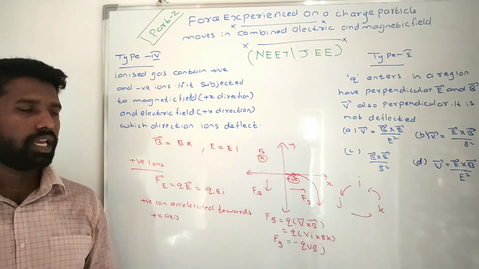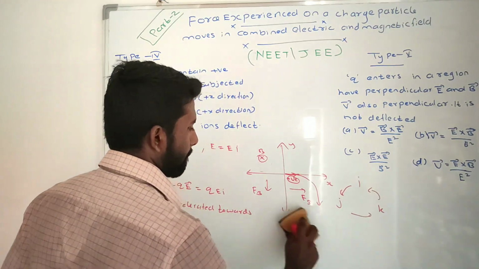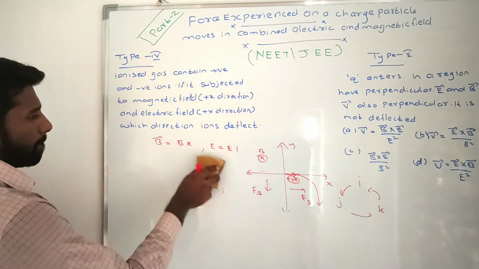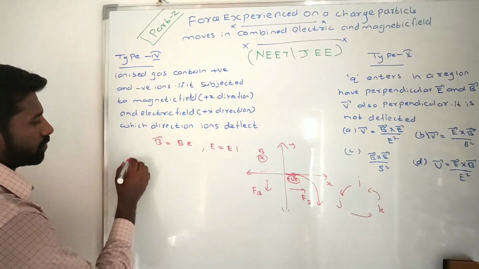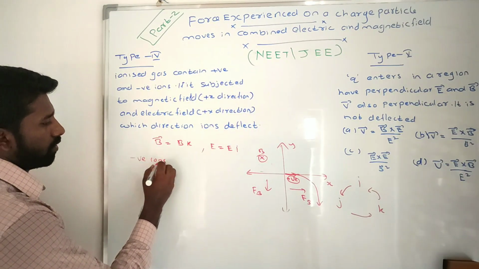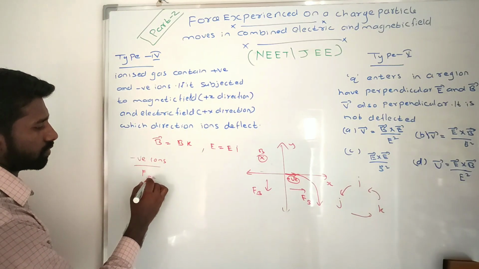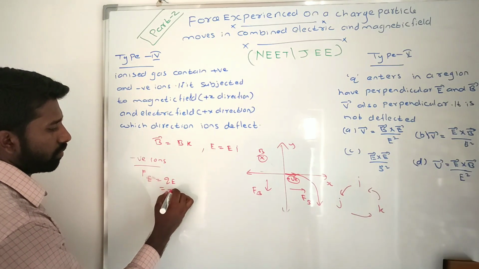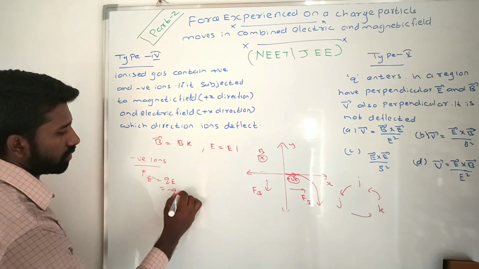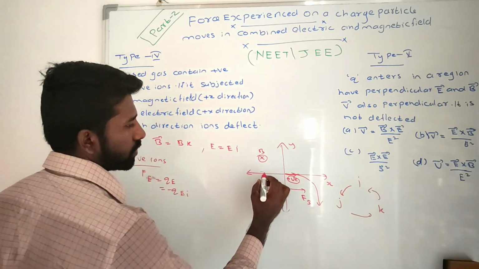Next we will see in which direction the negative ions will move. Clear? For the negative ions, what electrostatic force will it experience? That is minus Q into E I. That means the negative ions are accelerated in which direction?